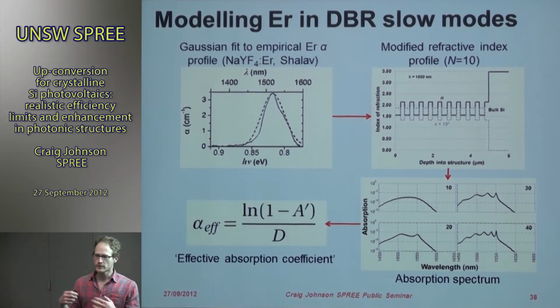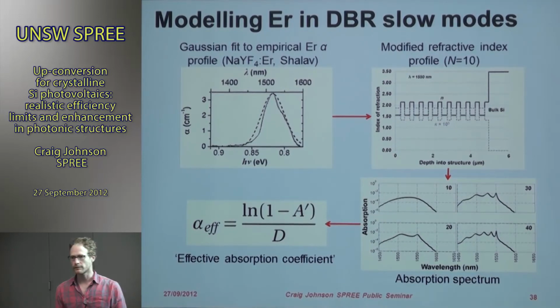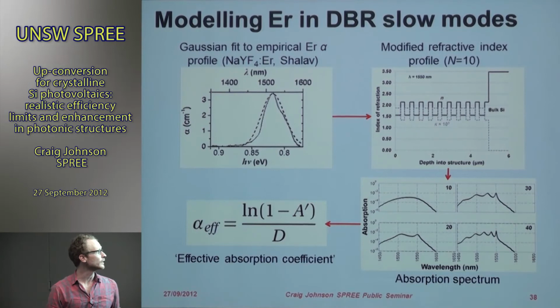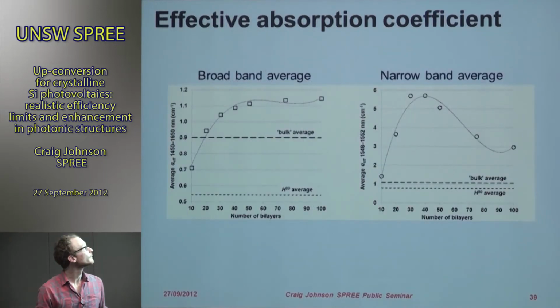From that, we can produce an effective absorption coefficient. The effective absorption coefficient allows you to discount the fact that for more bilayers, you have a thicker structure. Of course, for a thicker structure, we can have more erbium. It's no surprise. But if you look at the effective absorption coefficient, it discounts that impact.